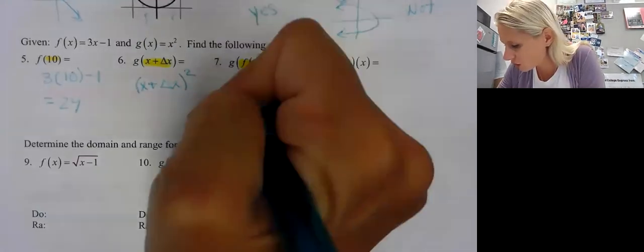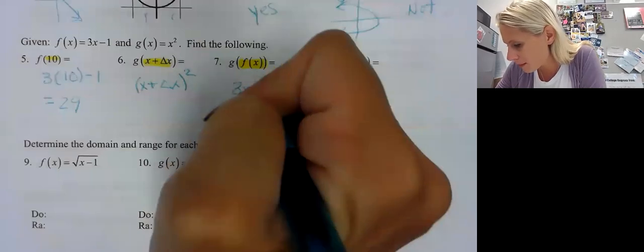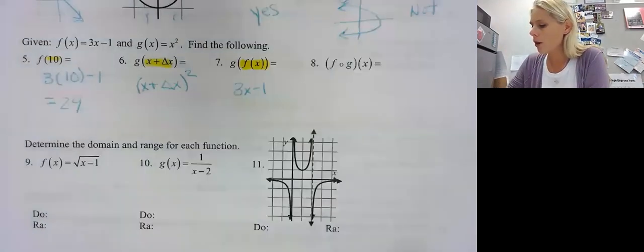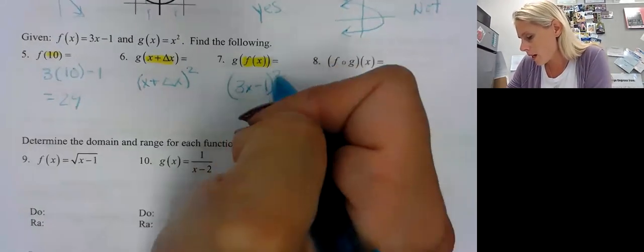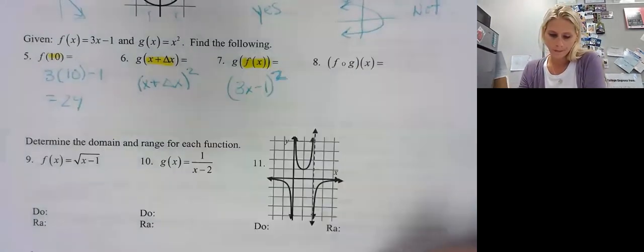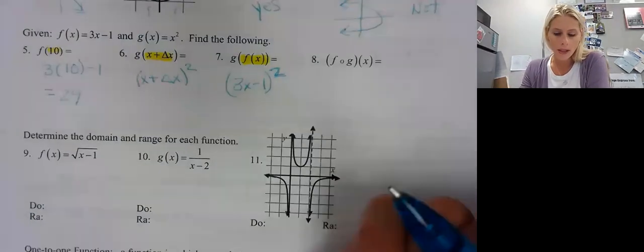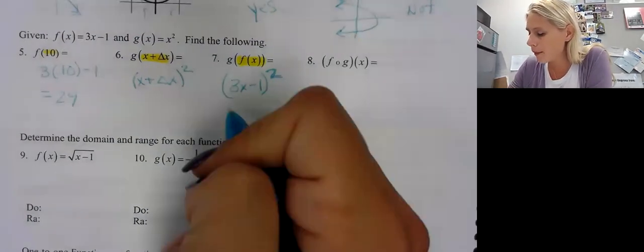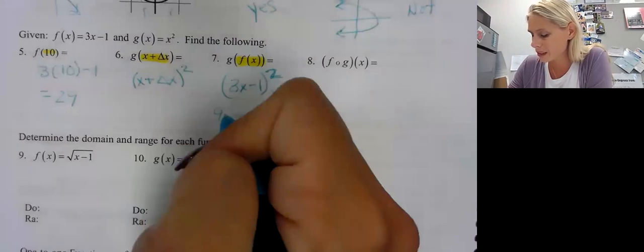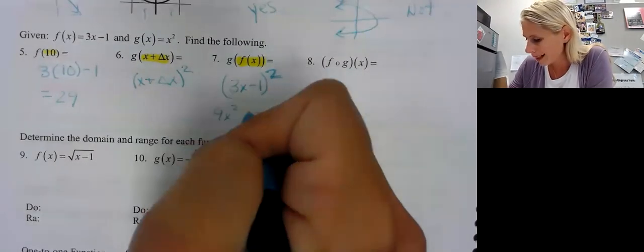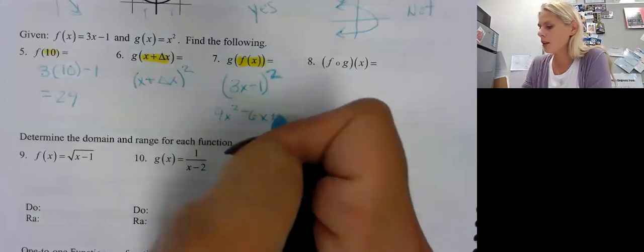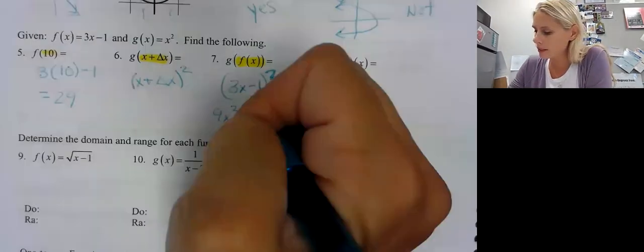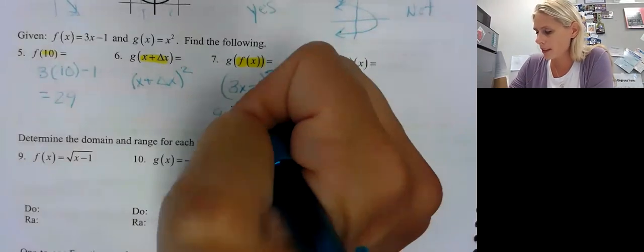The f of x function is 3x minus 1, and we are putting it into that square. Okay, again, we can multiply that out. So if you remember, this comes out to 9x squared minus 6x plus 1. Right? So you can have either one of these answers.